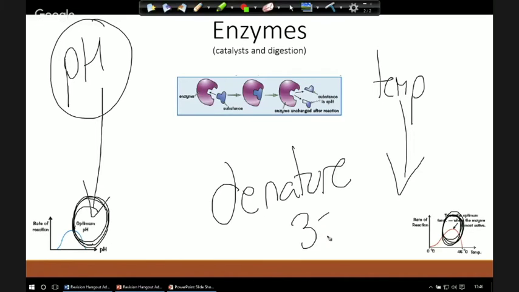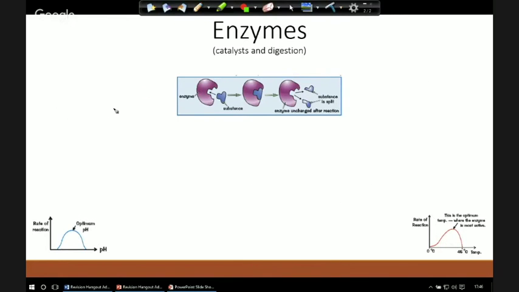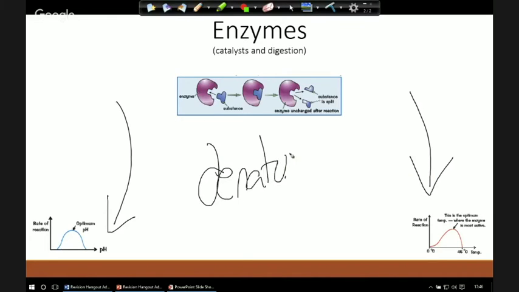So humans are 37 degrees, thereabouts. Our enzymes are working best around this temperature. And for both, if the pH becomes too strong or too weak, or the temperature becomes too great, our enzymes might find themselves denaturing and not working as effectively, or even completely breaking.